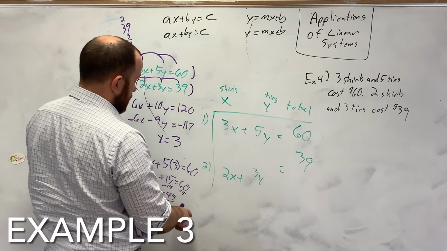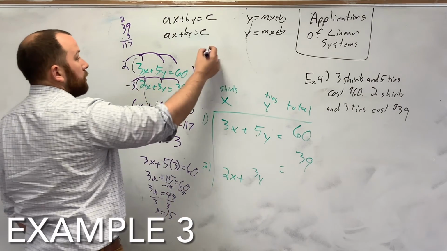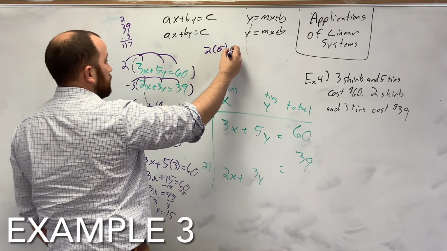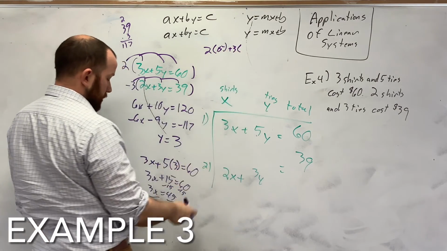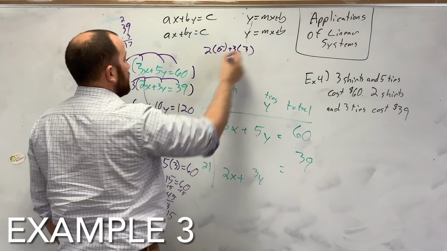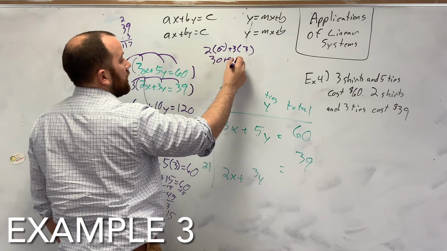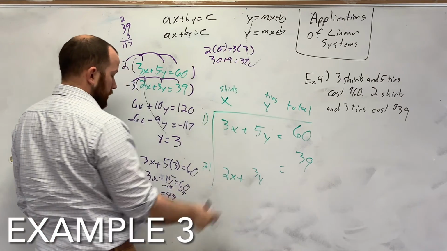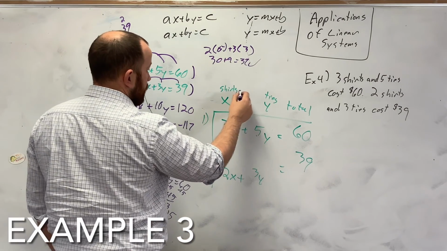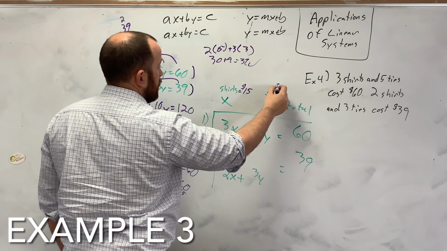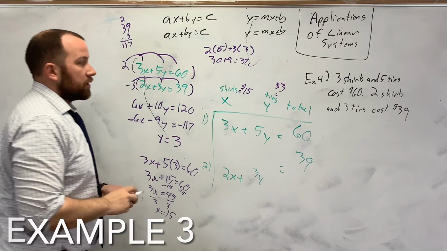So I'm going to check this 15 and a 3 with my second equation. So 2 times 15 plus 3 times 3 should give me 39. 30 plus 9 is 39. Check. So it's $15 for a shirt and $3 for a tie. And there you go. That's how you solve it.